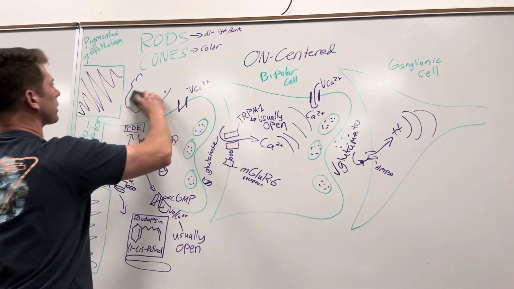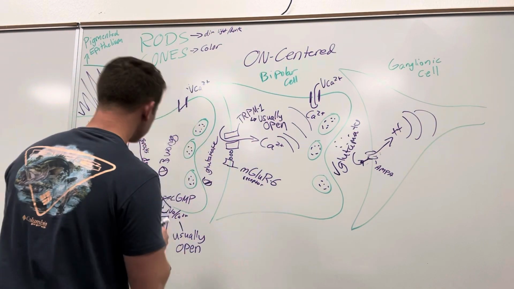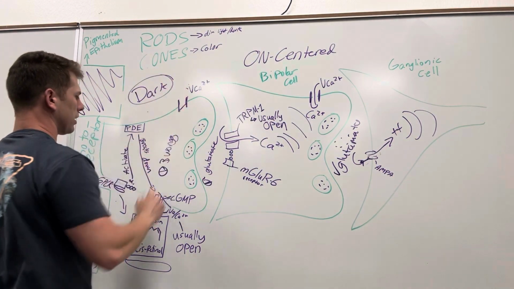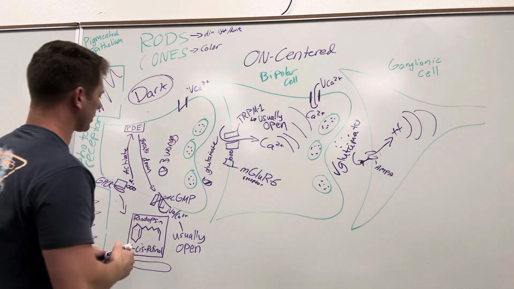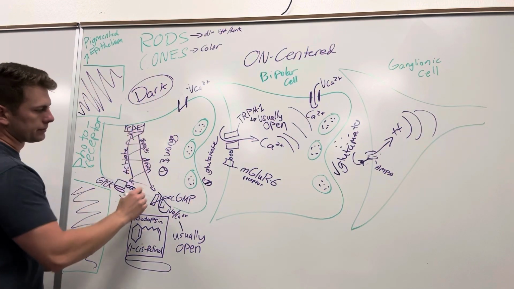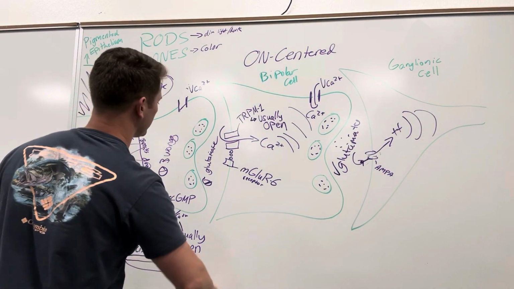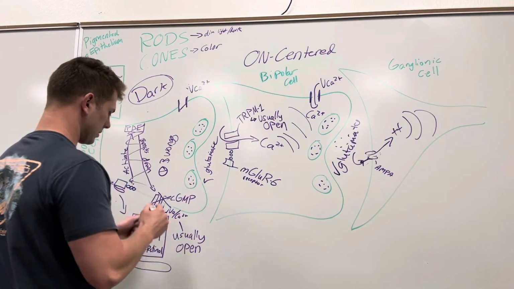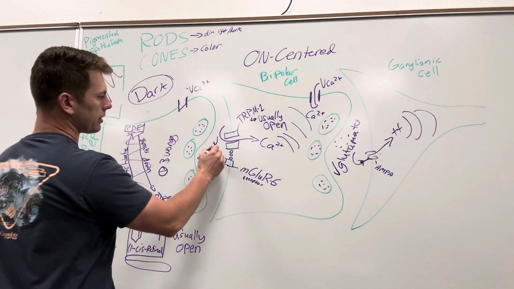Now let's do dark again. We already messed with this. What would happen in dark? All this is gone. We have glutamate. So check. Neurotransmitters.